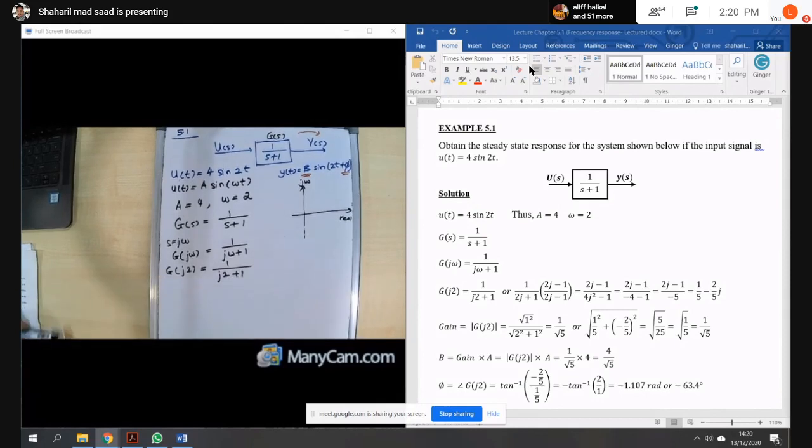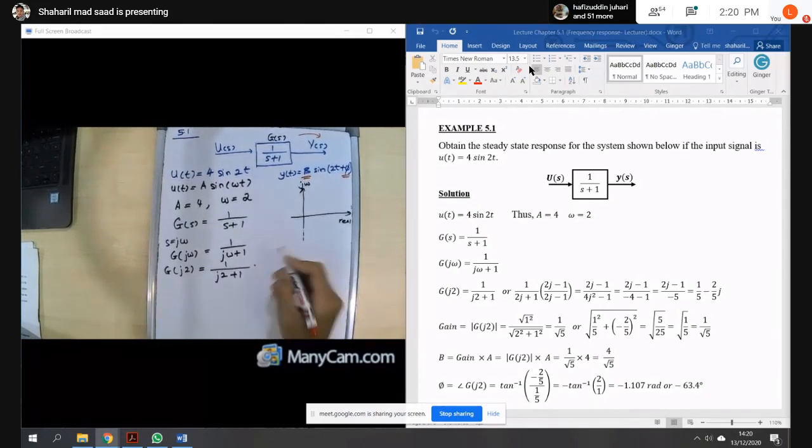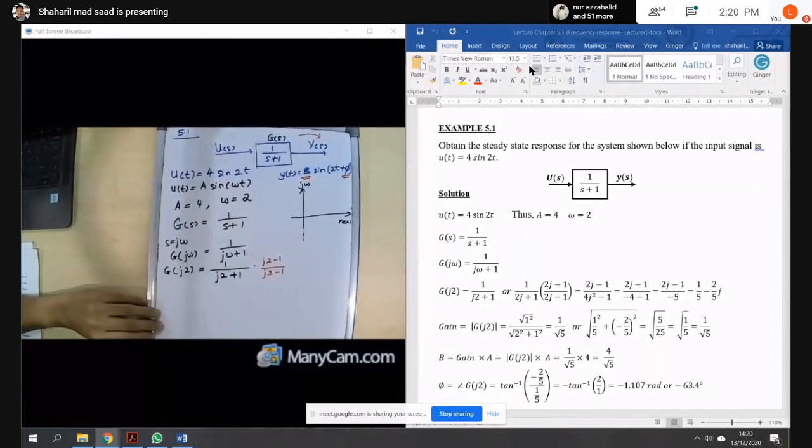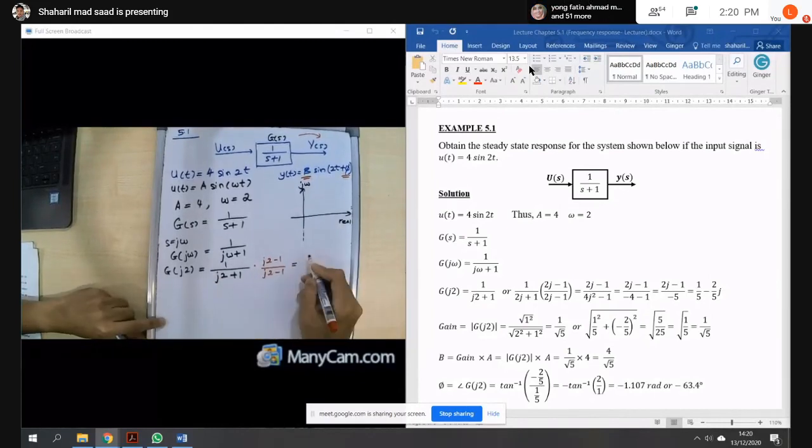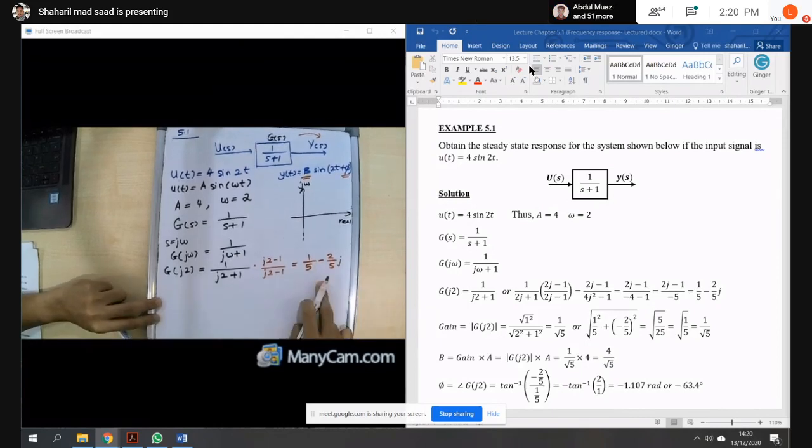To simplify this, multiply the denominator and numerator by j2 minus 1. After multiplying, j2 times j2 gives 4 j squared, and so on. After simplifying, you get 1 over 5 minus 2 over 5 j.